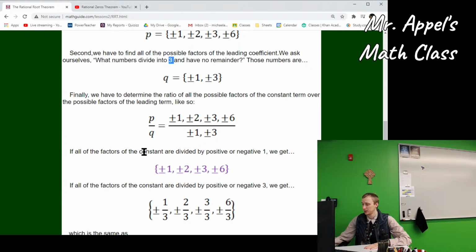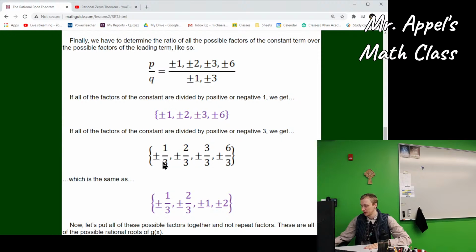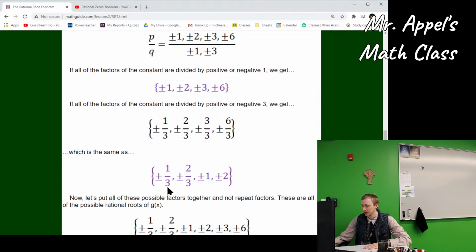So all the factors of the constant divided by positive and negative 1, you would get 1, 2, 3, 6. And if you divide all those by 3, there's all of them over 3. Reduce: 1/3, 2/3, 1, and 2. So notice we have 1 and 2 repeated.